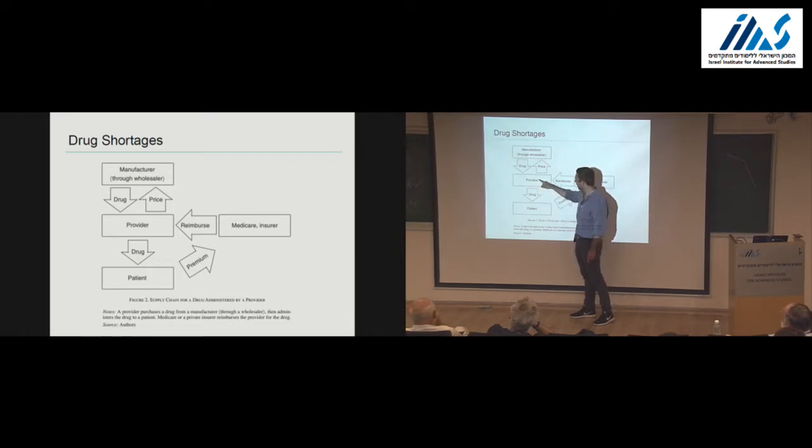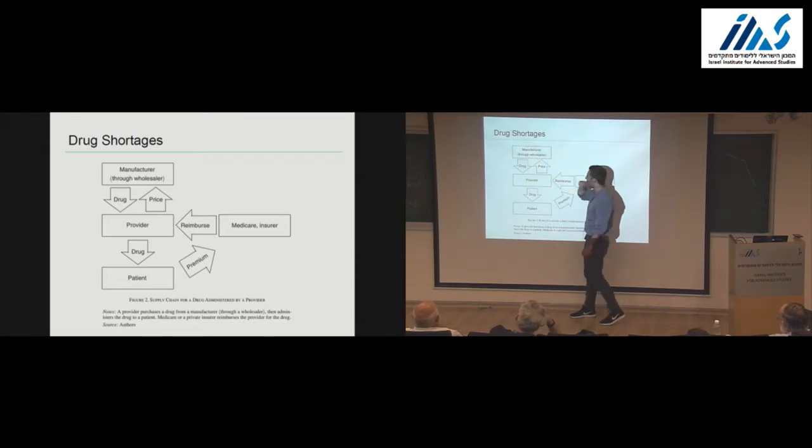In a bargaining framework, that's like reducing the size of the pie to be chopped up between the manufacturer and the provider. As long as the provider is not getting all of the gains from trade, reducing the size of the pie is going to make it less attractive to be a manufacturer.